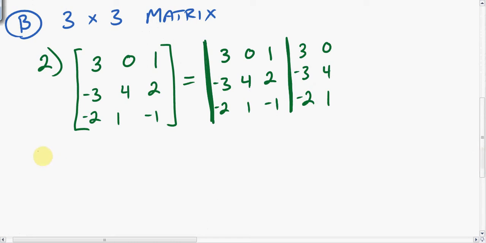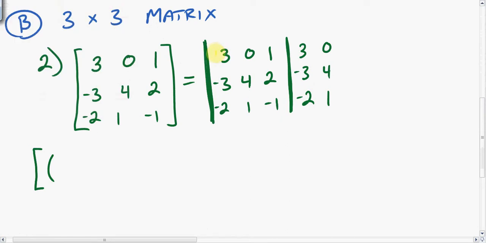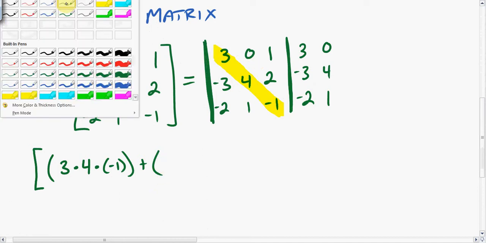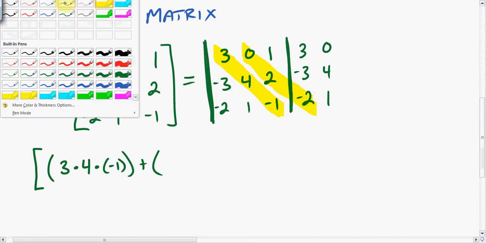So, you're going to start by opening your brackets and parentheses, and you're going to multiply the first three numbers together. Upper left-hand corner, and you're going to go down to the lower right-hand corner. So we want to find the product of all three of these numbers. So it's 3 times 4 times negative 1. We're going to add that to the product of the next three numbers, which is 0, 2, and negative 2, working with our diagonals.